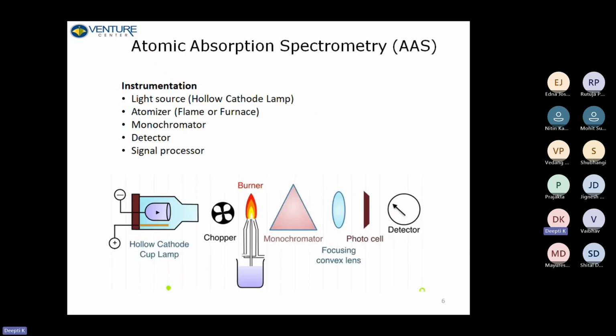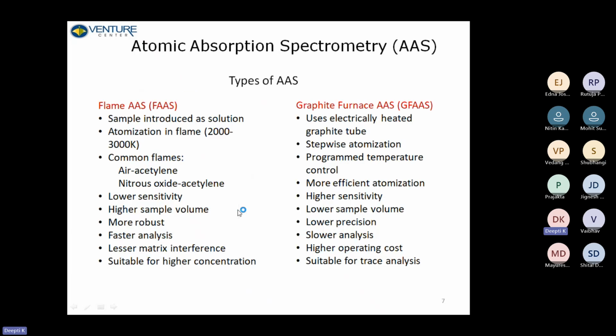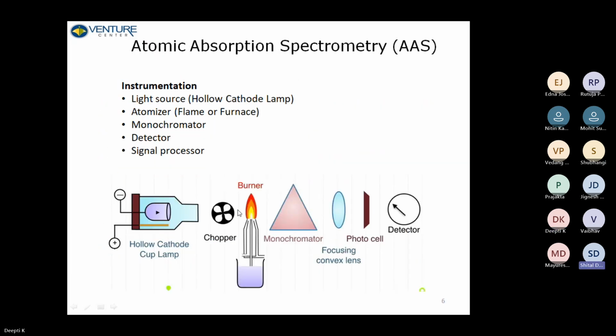Now coming to the instrumental section, the instrument is very simple. So we have a light source, usually a hollow cathode lamp. This is the most popular one. An atomizer, which provides energy, a monochromator, a detector, and a signal processor. The hollow cathode lamp, which is most popularly used in AAS, is made up of the same element.